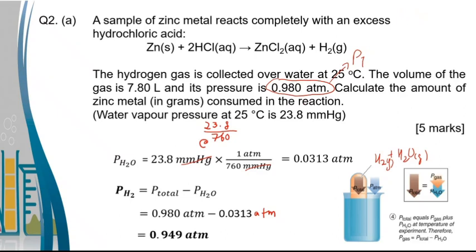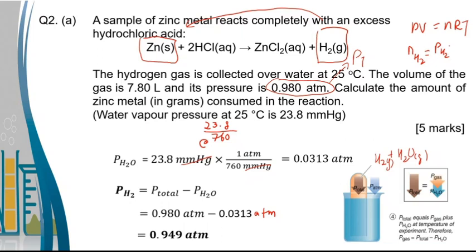We need to relate the number of moles of hydrogen gas with the number of moles of zinc consumed or used up, because the PV equation can only apply if it is gas. We can calculate the number of moles of hydrogen gas using the partial pressure of hydrogen, and the volume of the gas, which is the volume of the container or flask, over RT.